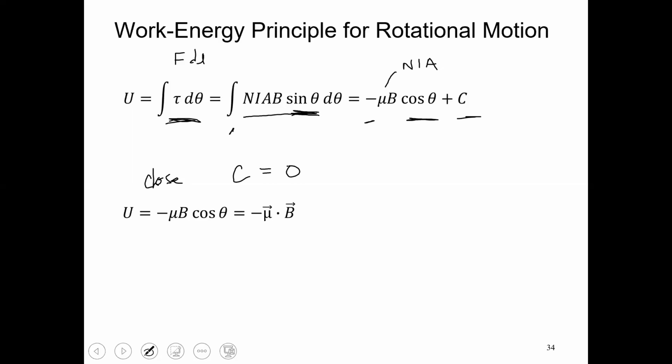So when we do that, we see that it describes something like this. So the potential energy of our current loop in a field is given by this dot product. So cosine, remember, has to do with dot products.